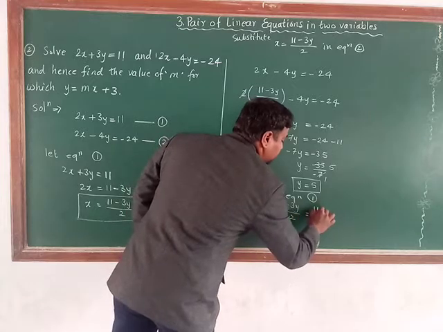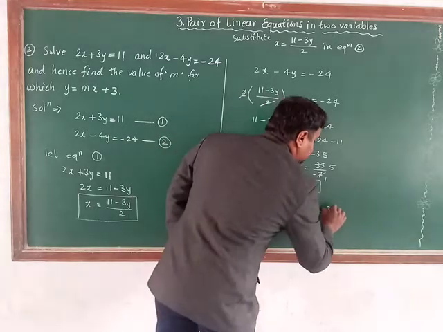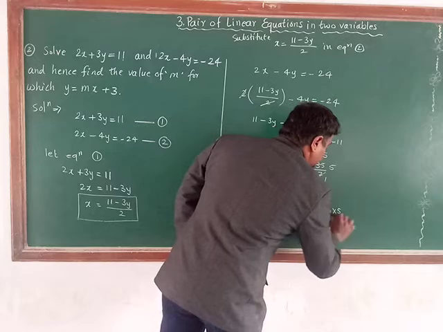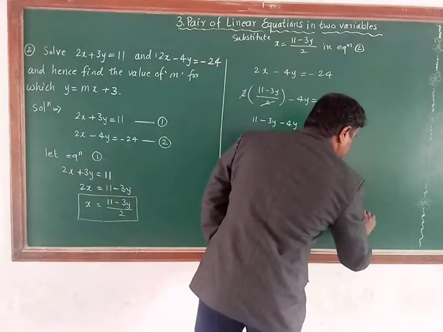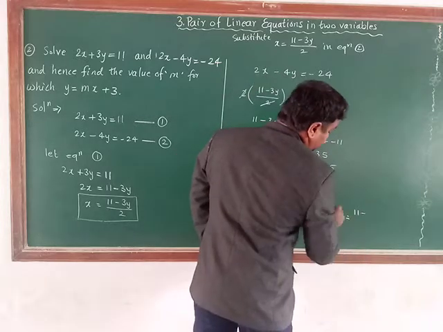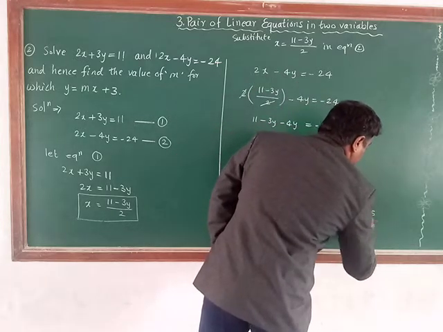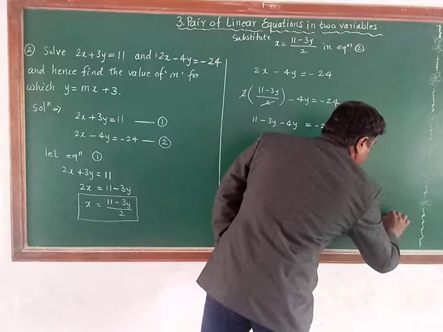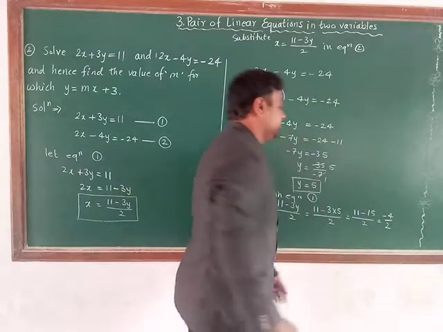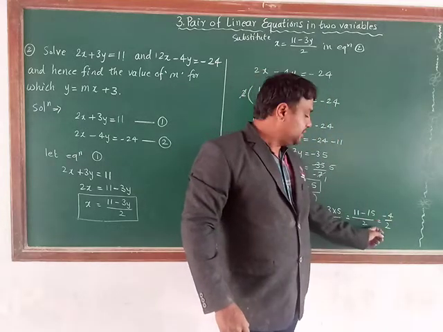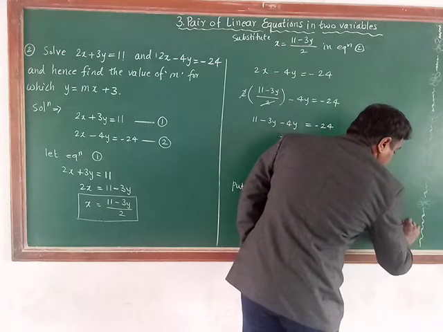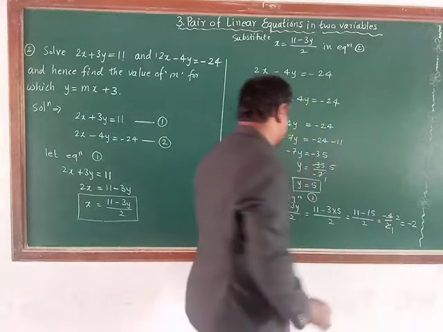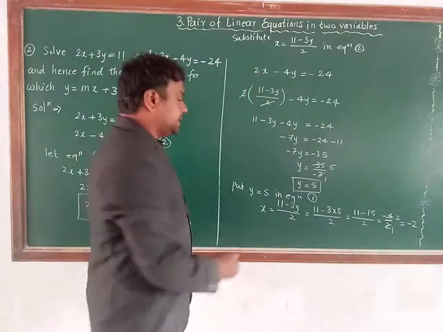I am putting the value: (11 minus 3 into 5) upon 2. So 11 minus 3 fives, which is 15, upon 2. Since 11 minus 15 is minus 4, we get minus 4 upon 2. 2 ones are 2, 2 twos are 4. So we got the value of x, that is minus 2.